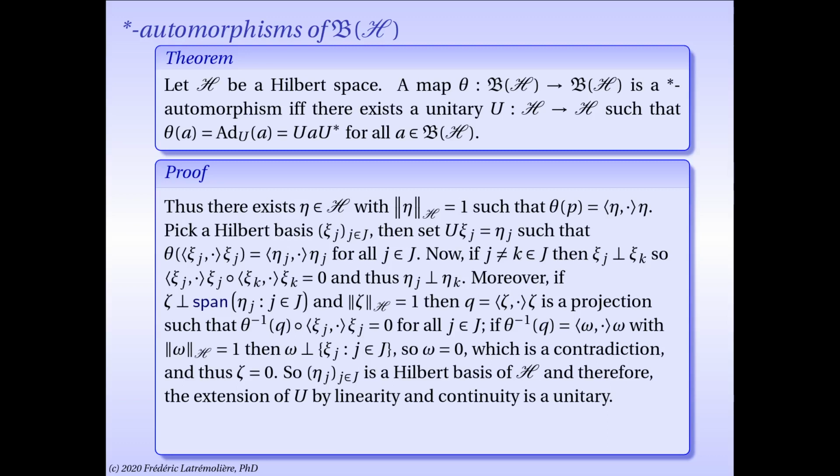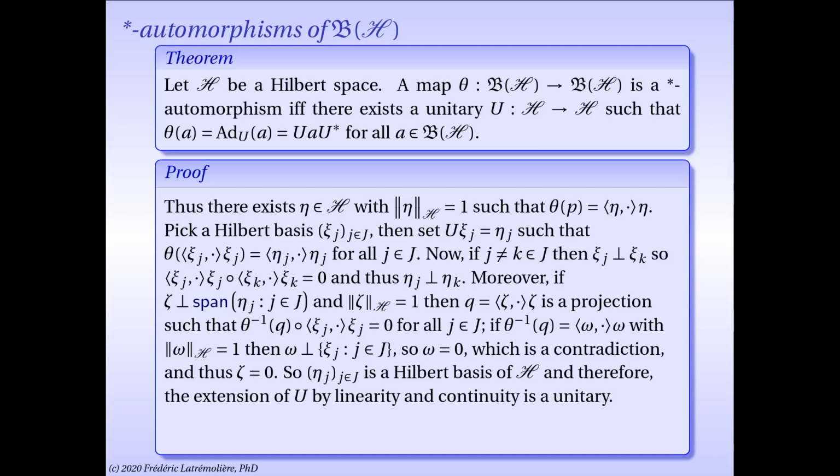Now I want to prove it's actually a Hilbert basis of my Hilbert space H. So let zeta be some vector which is orthogonal to the linear span of all the eta j's. And let's assume zeta is not 0. In fact, if I do so, I might as well assume zeta is normalized. I can then consider the projection q on the linear span of zeta, given by the usual formula.